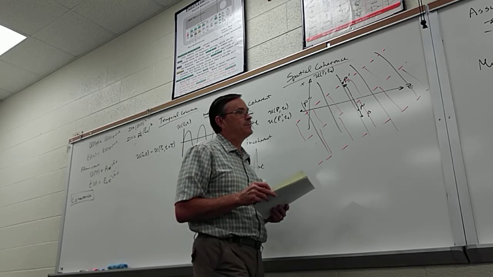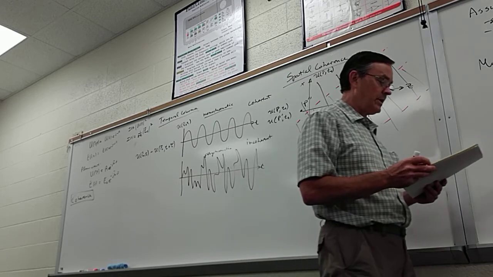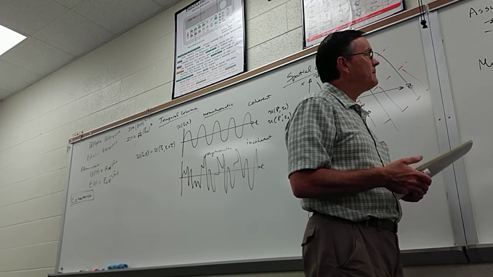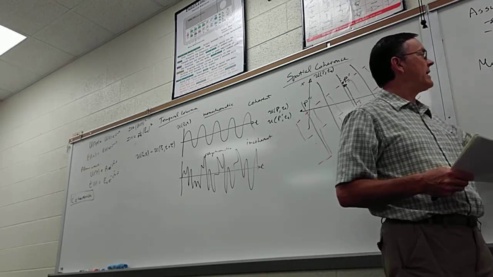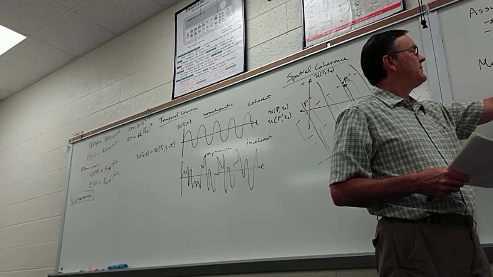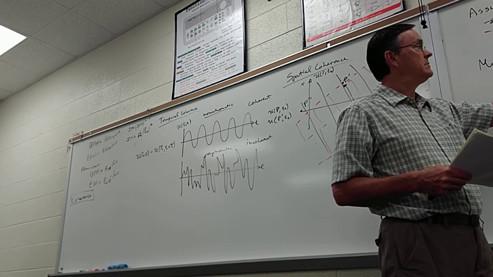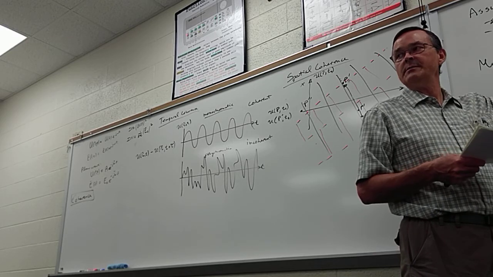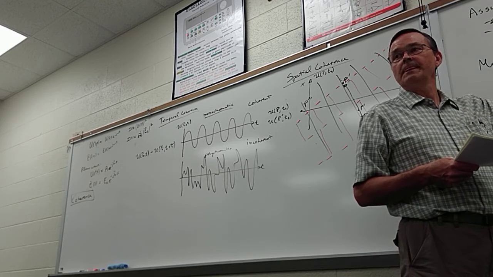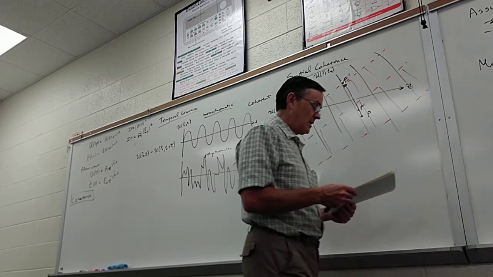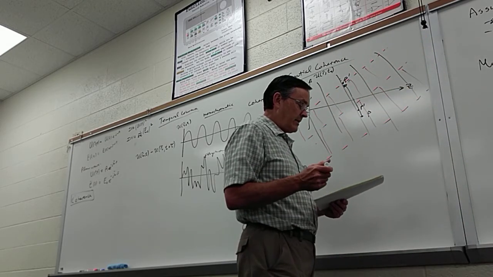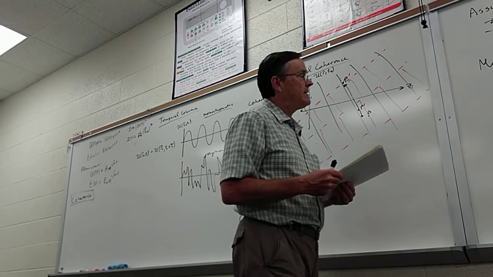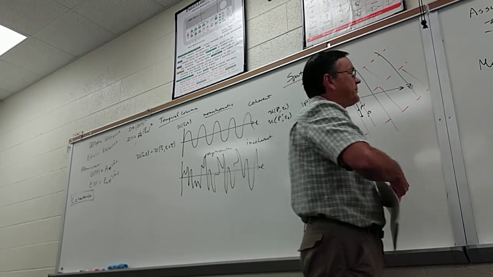Okay, so that's our mutual coherence. And basically what is it? Well, it's the average correlation of the field at position R1 with the field at position R2 shifted in time by tau. So keep that in mind, an average correlation.